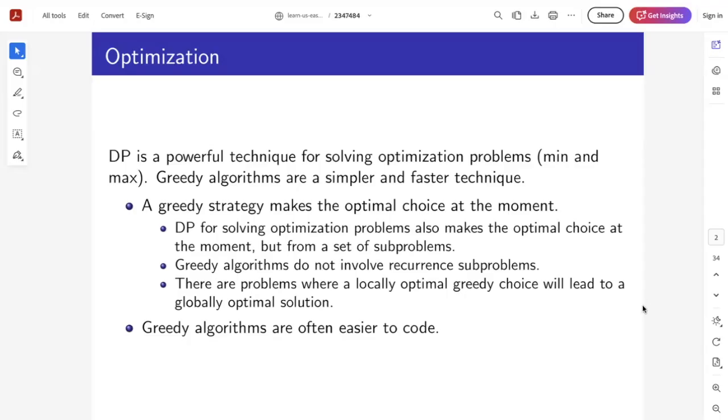And then, in order to solve the problem for the current parameters, we figure out what subproblems we need to solve. That second part I call localization. So we got the formulation, and then we have a localization. Combine these two, we got a recurrence relation, and then we can directly use the memoization technique. So that's dynamic programming.